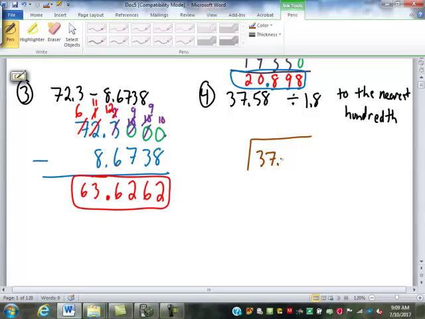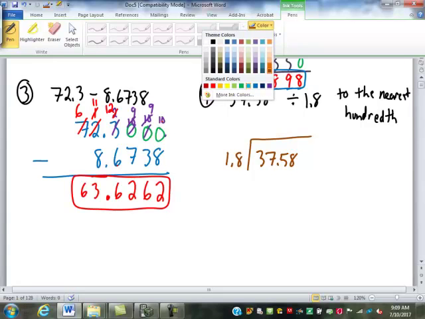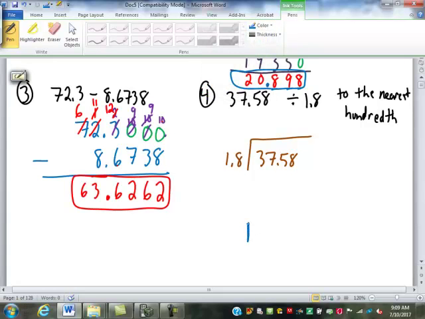Okay, so over here, 37.58 divided by 1.8. I'm not actually going to do 37.58 divided by 1.8. What am I actually going to do? Perfect. Move that decimal point over so that I'm not dividing by a decimal.